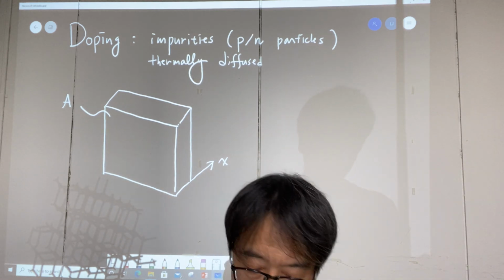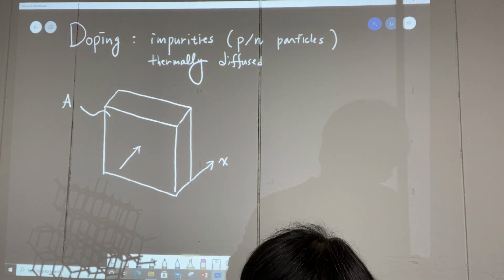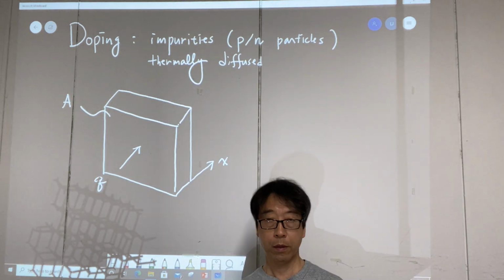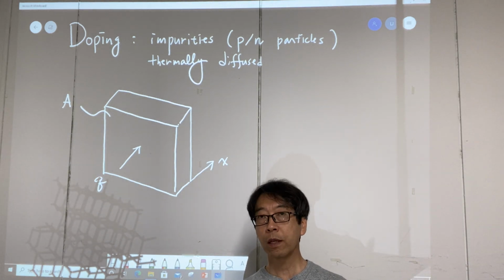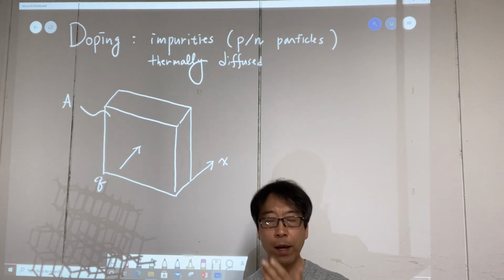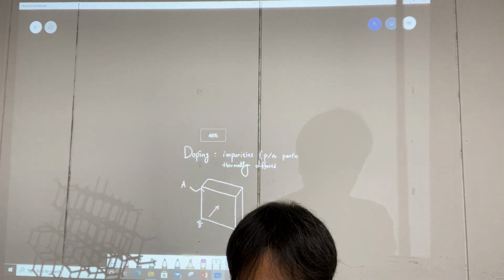Well, let's say the flux can be represented by maybe Q. Normally people use Q, right? Into this little element, little piece of element. What happens to the other side?